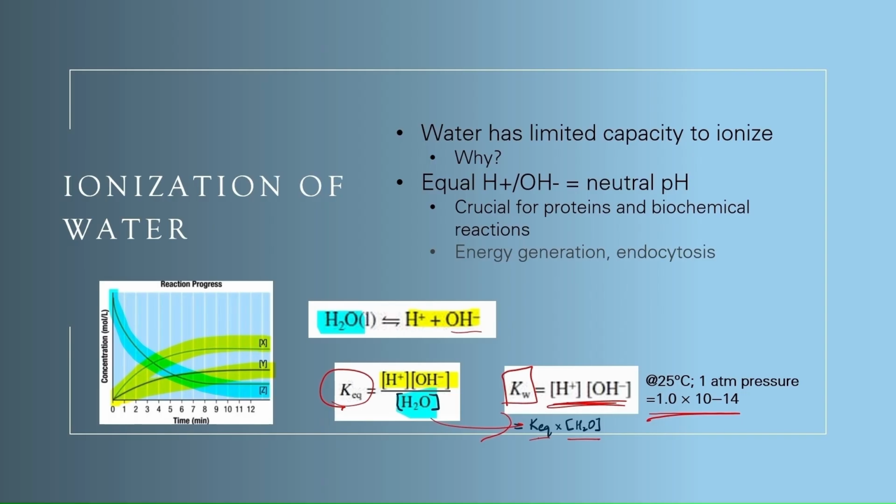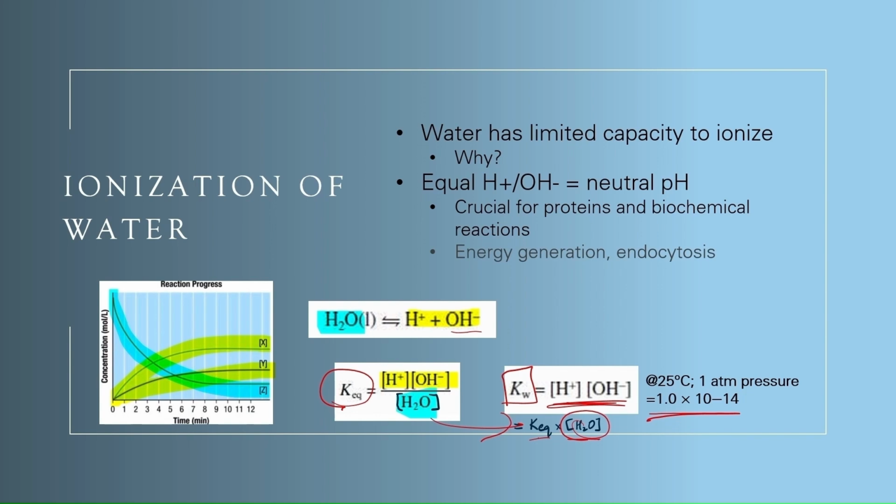Okay, so that's a really small value, far less than 1. So if this is the value when you multiply it with how much water there is, imagine how much lesser the value would be if you divided it by the concentration of water over here.